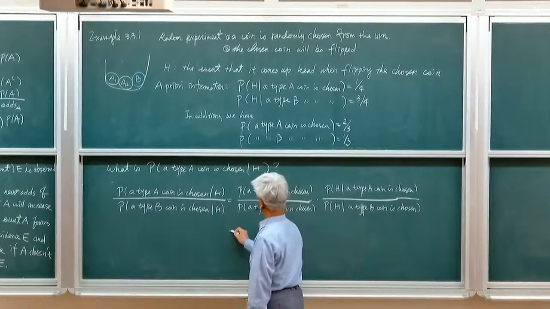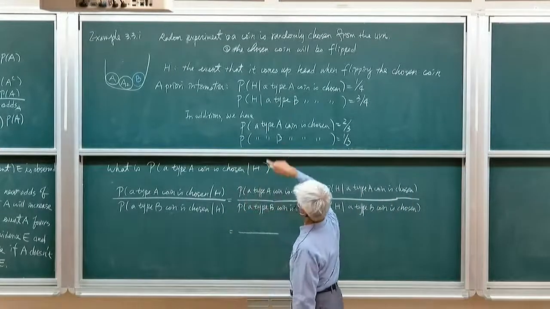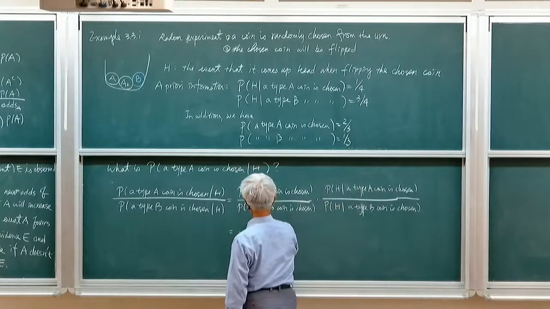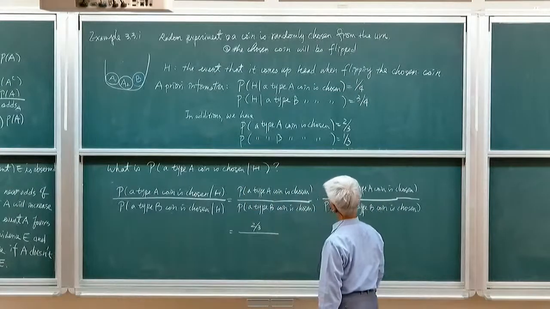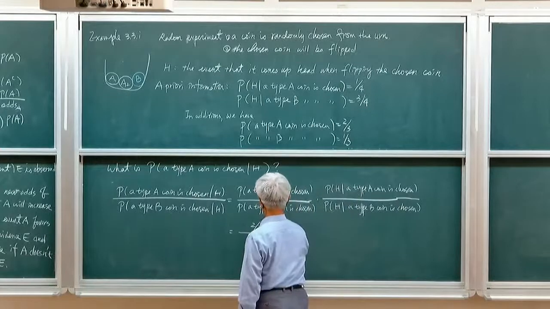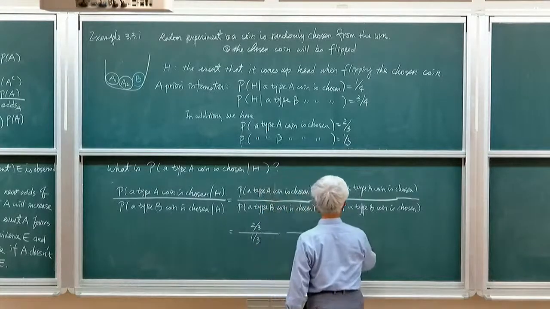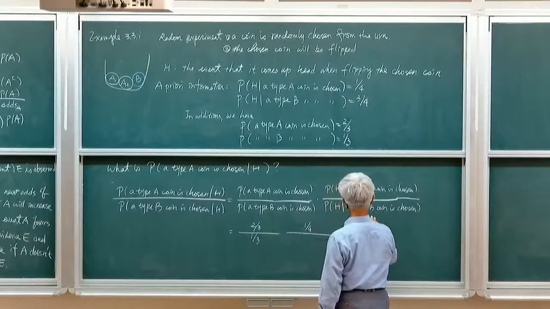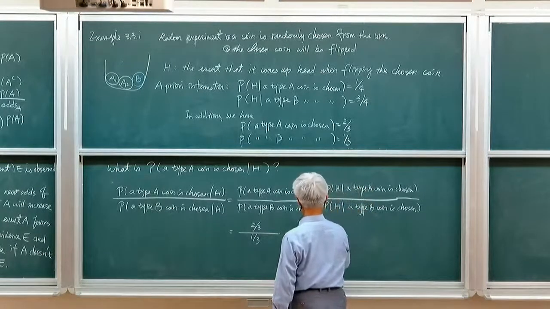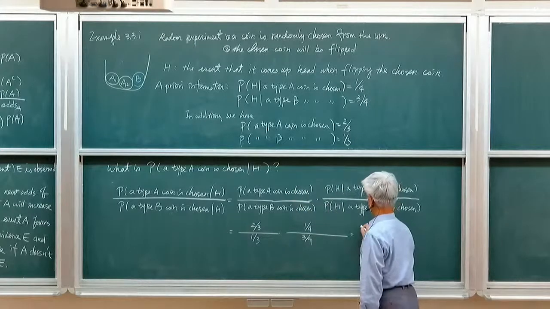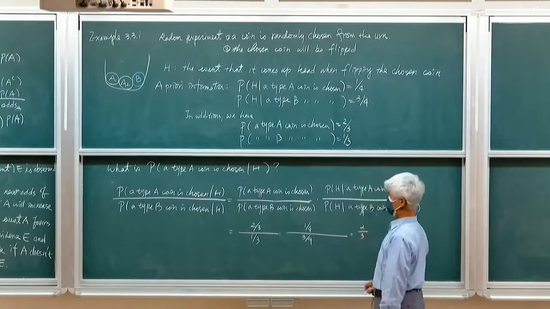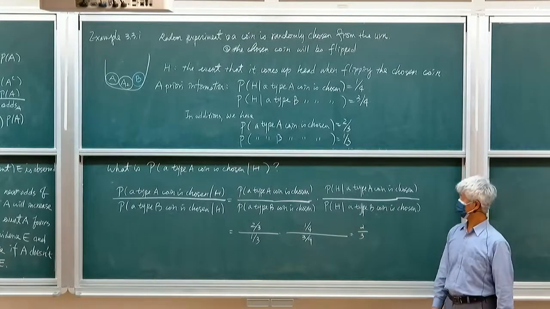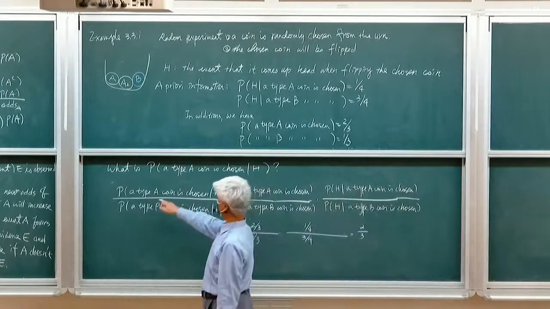Okay, and now with the prior information, that would be 2/3 and this is 1/3, and this one is 1/4, this is 3/4, and so that it would be 2/3.